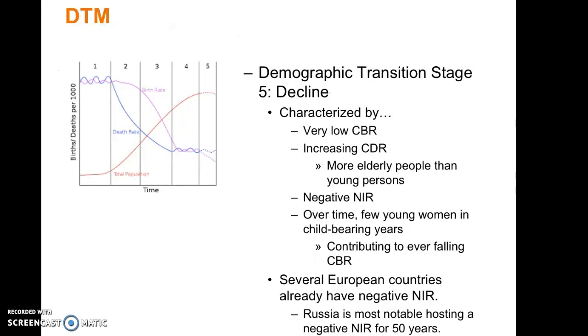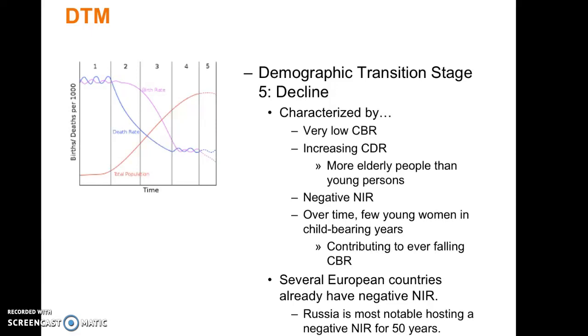And then we have the demographic transition stage 5, which is characterized by a low birth rate and increasing death rate. And so you have more elderly than young people, which means your natural increase rate is actually negative. Over time, there's less young women who are having children. And you've got some European countries that have a negative natural increase rate.